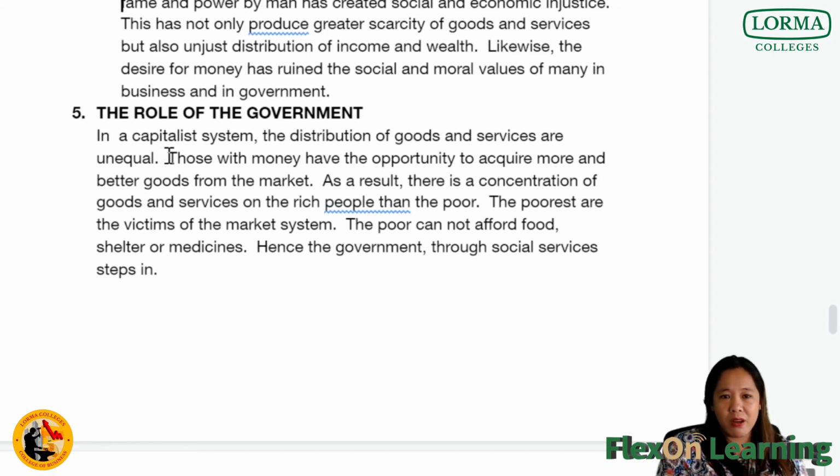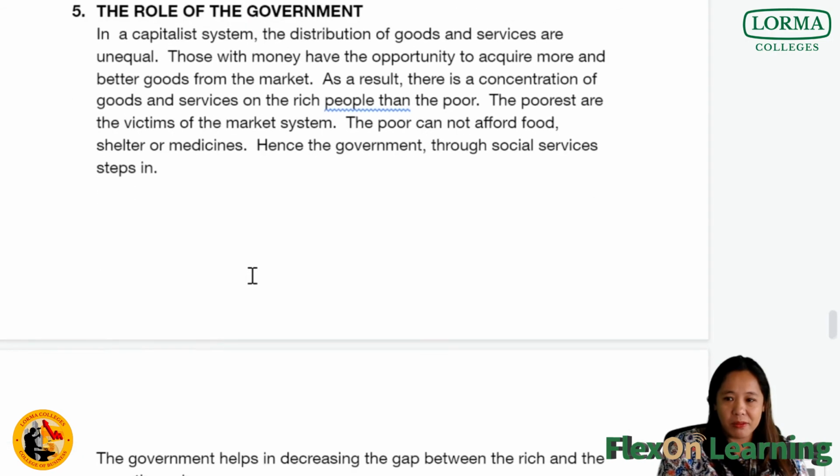There's somebody there who doesn't have a house at all. There are some who are driving very expensive cars, and there are some who are just using public transportation. Those with money have the opportunity to acquire better goods from the market. So as a result, there is concentration of goods and services on the rich people rather than the poor.